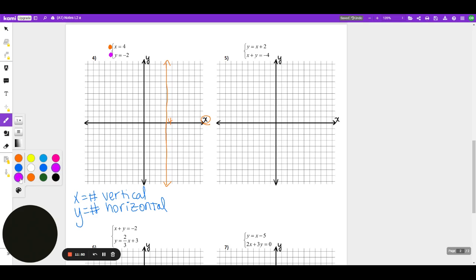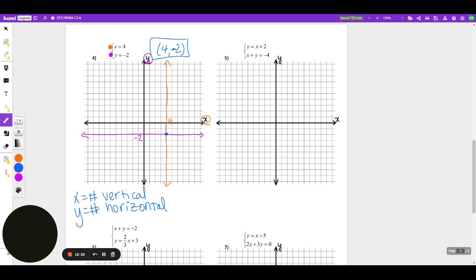And my purple line is going to be a horizontal line where my y value is equal to negative 2. My intersection for those two then will be an x value of 4 and a y value of negative 2. So 4, negative 2 is the solution for question number 4.